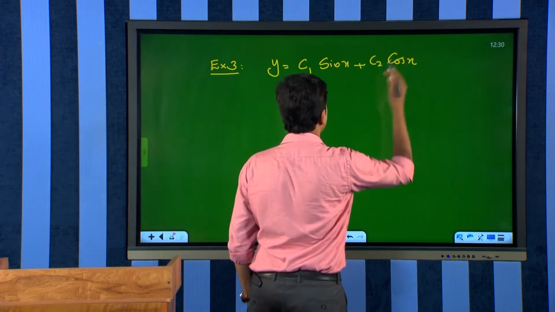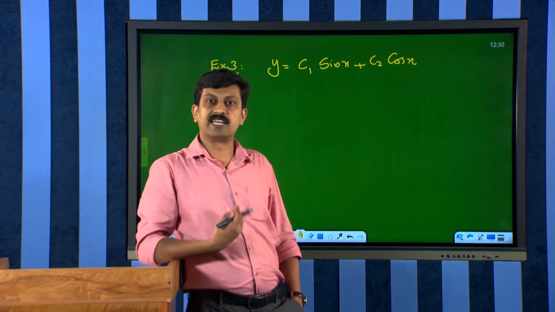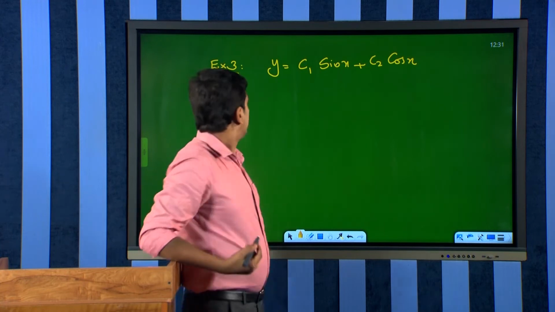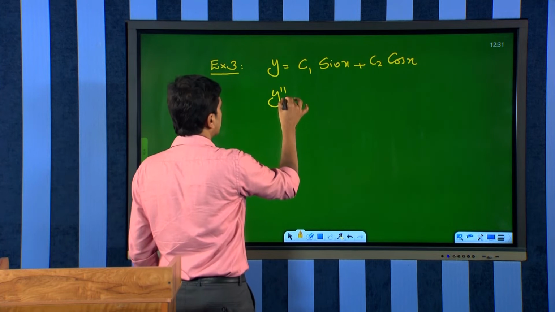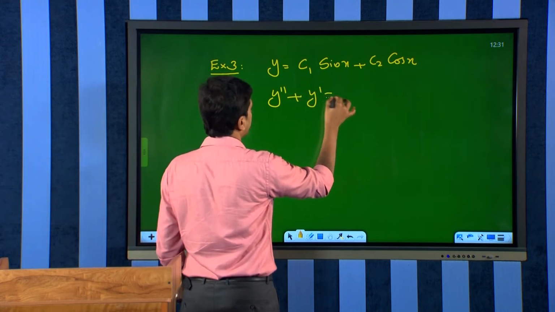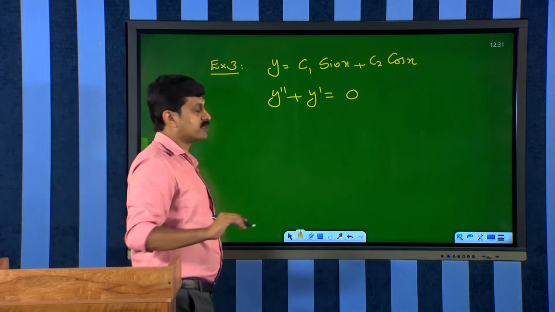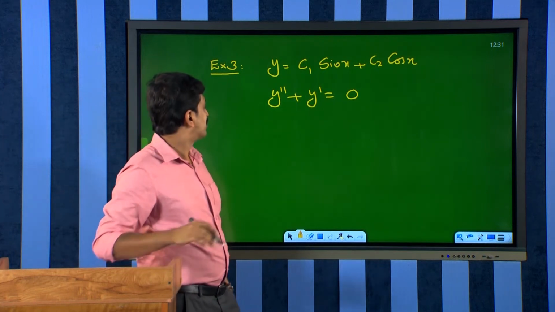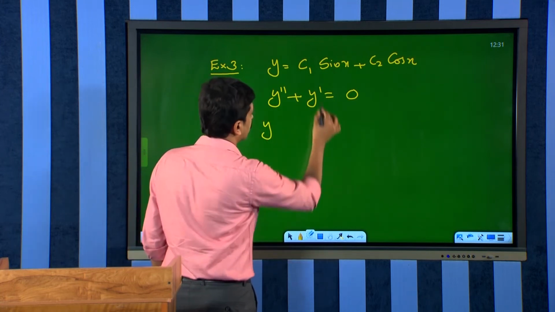For convenience, I just combined both the constant multiples of sin x and cos x. Say we have this differential equation, y double dash plus y is equal to 0. Call it equation 1.